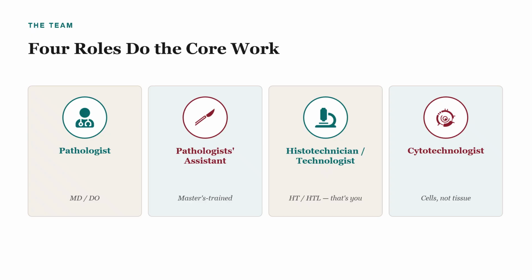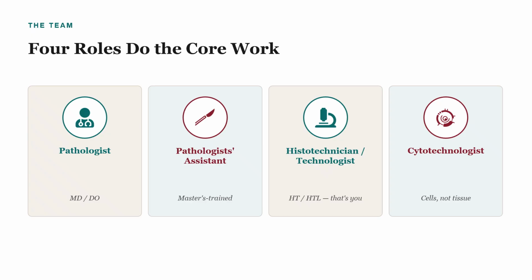So, 4 roles do the core work of an anatomical pathology lab. There are others, of course, such as the accessioners, lab assistants, and administrative staff, but these 4 are the people who handle and interpret the tissue itself. On the left, the pathologist, a physician, an MD or DO. Next, the pathologist's assistant, or PA, a master's trained professional.